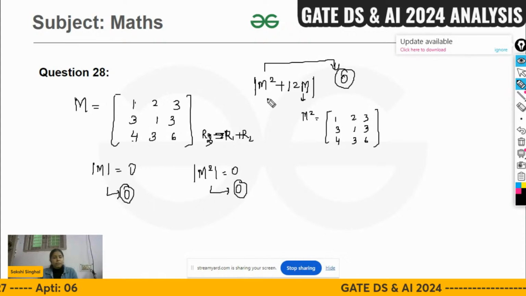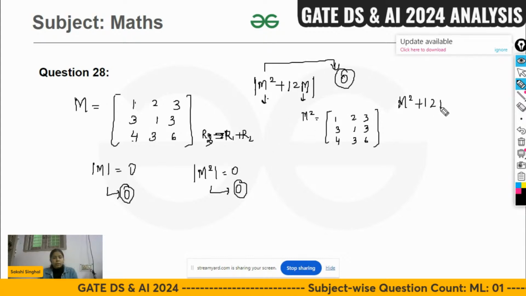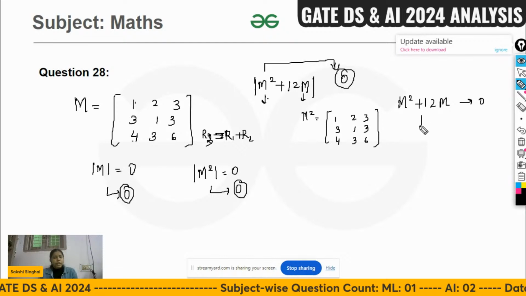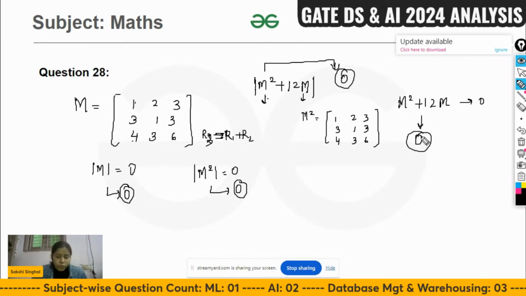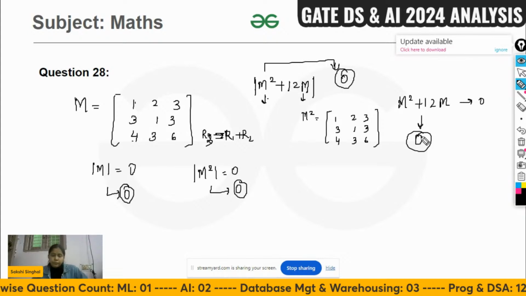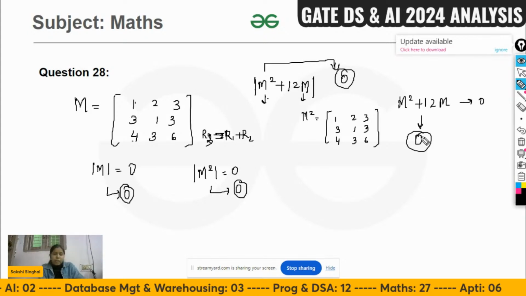Because M has a 0 determinant and M square has a 0 determinant, M square plus 2M has one eigenvalue which is 0. If one of the eigenvalues is 0, then its determinant is 0, because the determinant is the product of eigenvalues. So you can directly say that the determinant of M square plus 2M is 0.